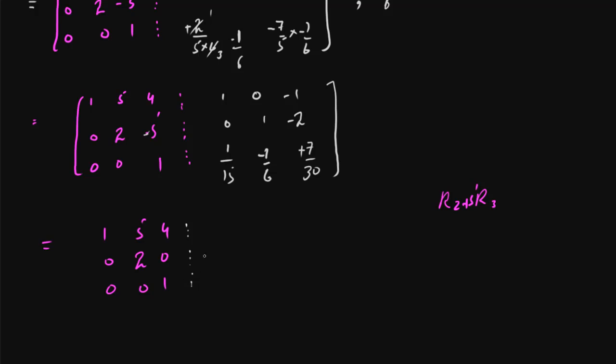and what that will be 1 0 minus 1, since we have added R3 to R2 and multiplied with 5 there as well.